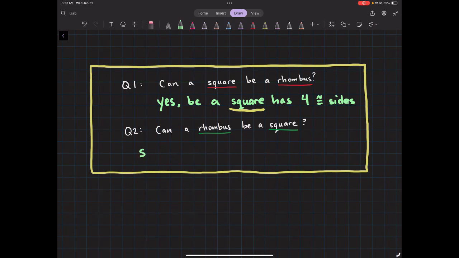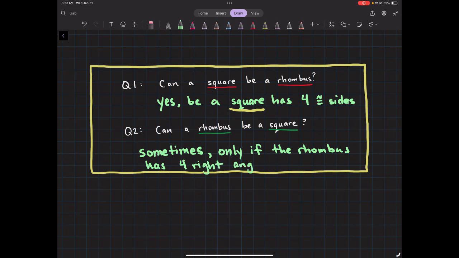Okay, so you'll say sometimes, but only if the rhombus has four right angles.